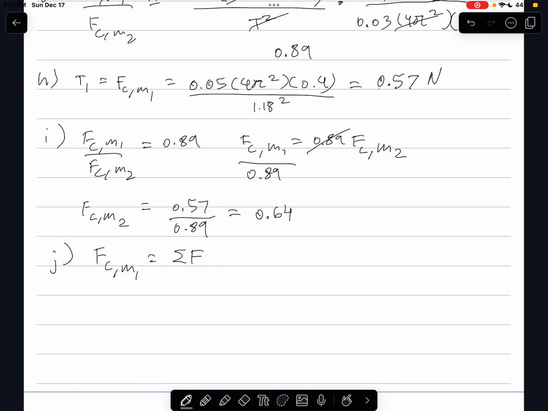So the net force would just be the centripetal force of M1, which is 0.57.